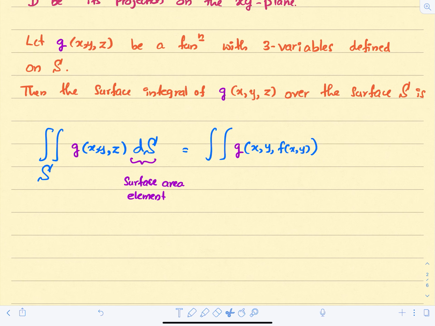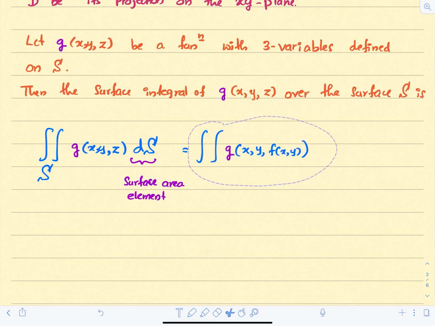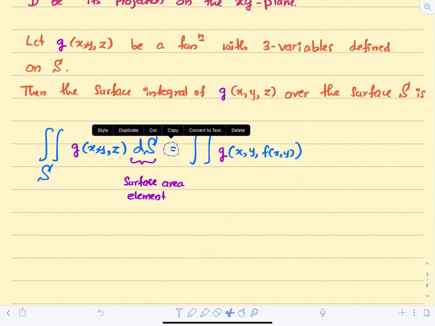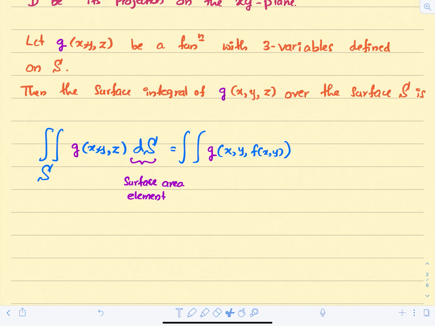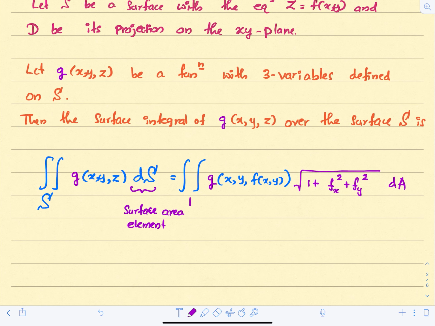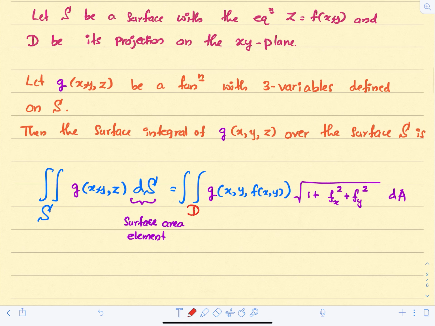Now instead of dS we should write the area element. In chapter 12.4 we defined this dS to be the square root of 1 plus f sub x squared plus f sub y squared dA, where dA is an area element on the domain D. So this is the way we define the surface integral of a scalar function.